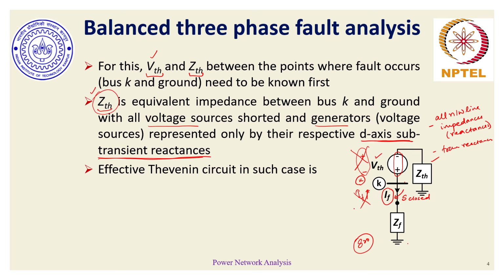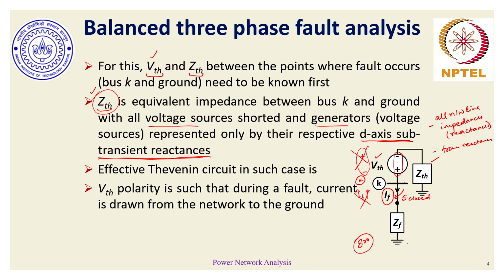It is a fault which has occurred. A fault is anything that interrupts the flow of normal load current. If the polarity is reversed from minus plus to plus minus, the fault would help supply loads, and we would be able to cater to loads without generating anything new, and that definitely is not possible.